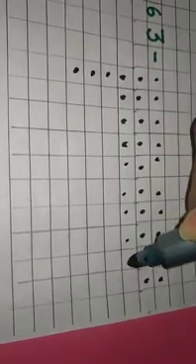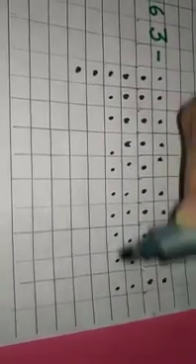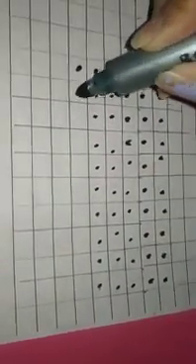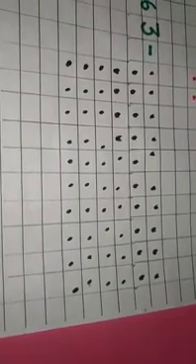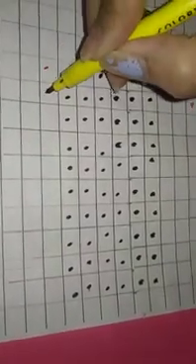So advisable would be again 6 vertical dots, 1, 2, 3, 4, 5, 6, and just fill up the rest of the bundles. And how many balls are remaining outside? 3. So 1, 2, 3. So 6 bundles of 10 and 3 more makes 63.